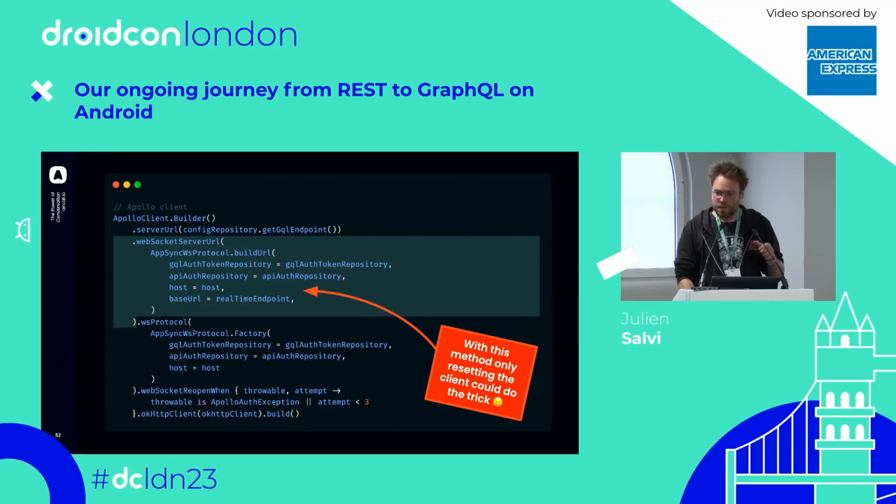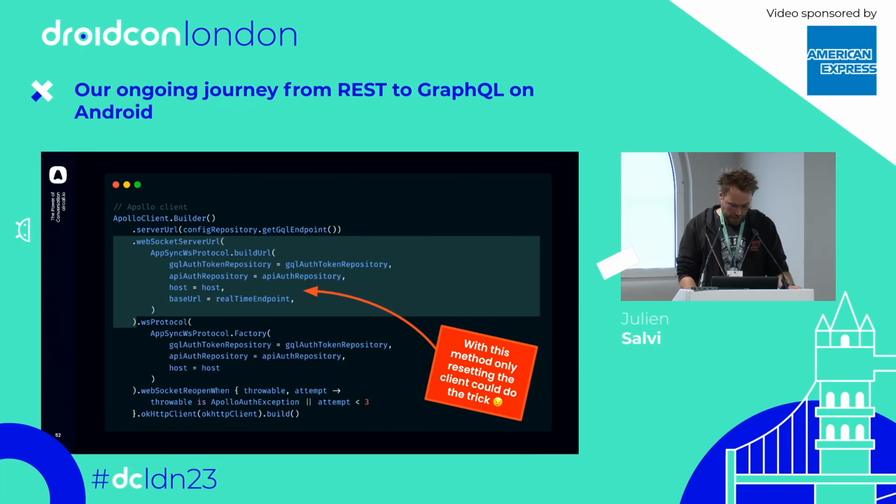But every time we receive a new authentication, a new token to be used for the WebSocket, the first trick was to restart the Apollo client, but it's not the most efficient way to do it. Resetting the whole client was not a good decision.